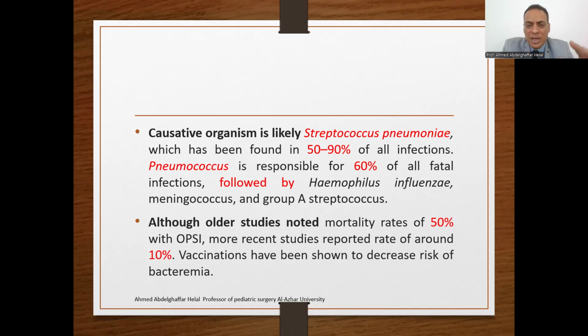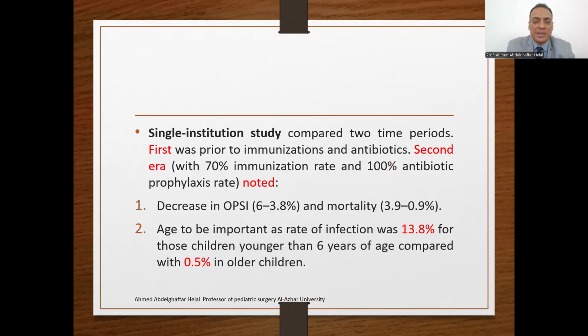Pneumococcus is responsible for 60% of all fatal infections, followed by Haemophilus influenzae and meningococcus. Although older studies noted a mortality rate of 50%, more recent studies reported a rate of around 10%. Vaccination and antibiotic prophylaxis are very important and decrease this rate.